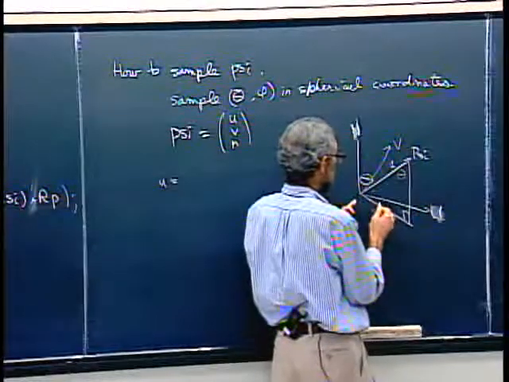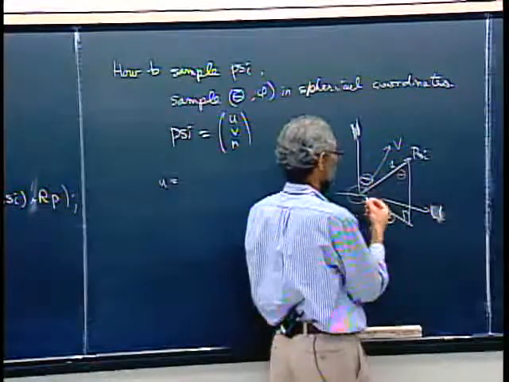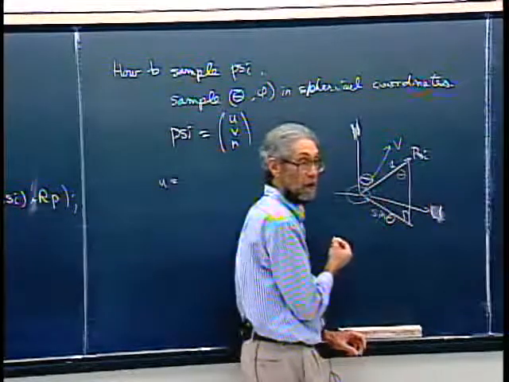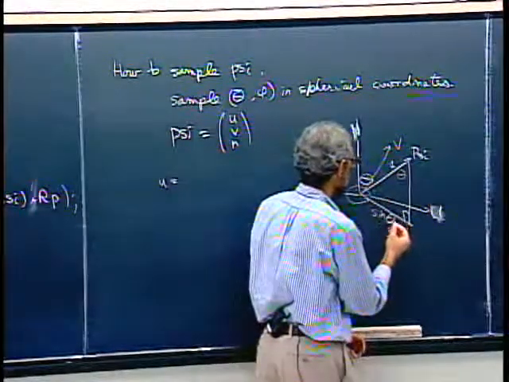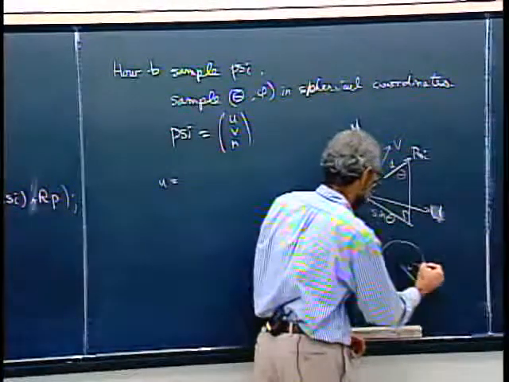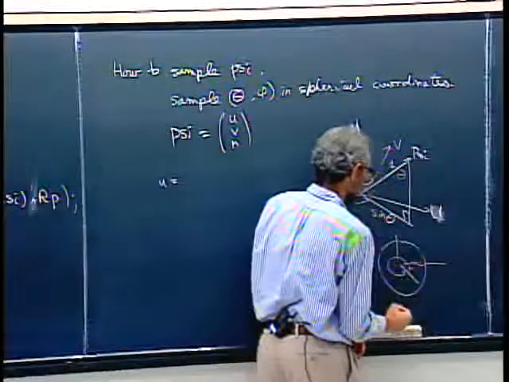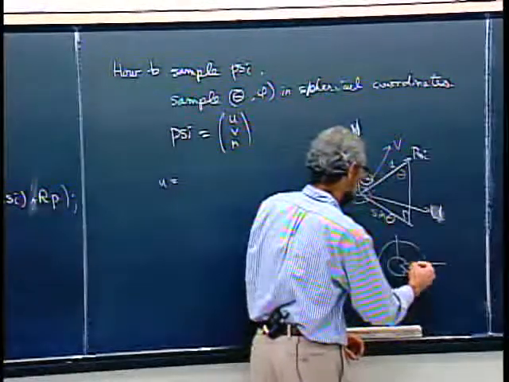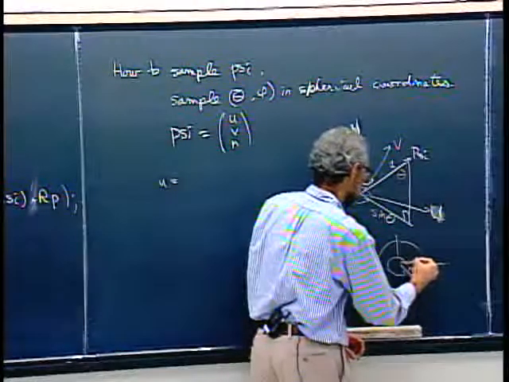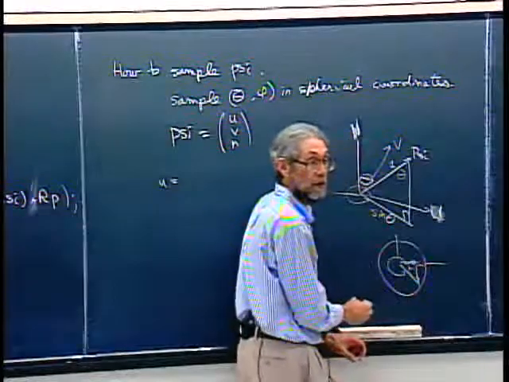And then if phi is in this plane, actually it's all going all the way around here, or think of it as a negative angle, then in polar coordinates, if I have a radius and a phi in this plane, I have r cosine phi along the u direction and r sine phi along the v direction.